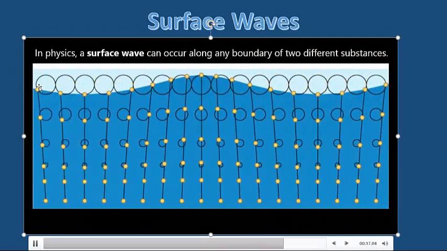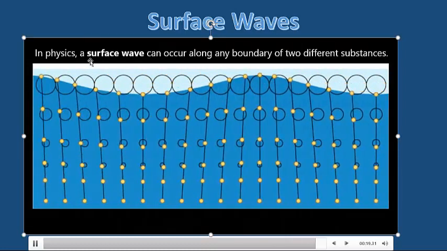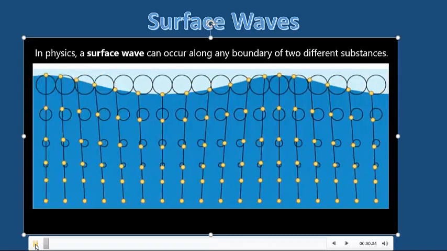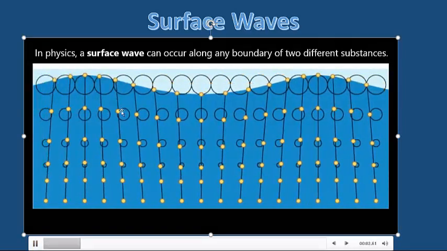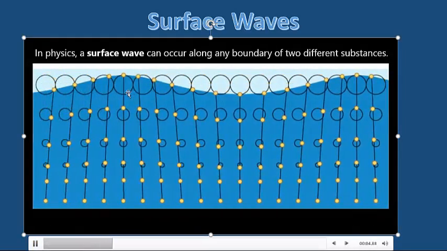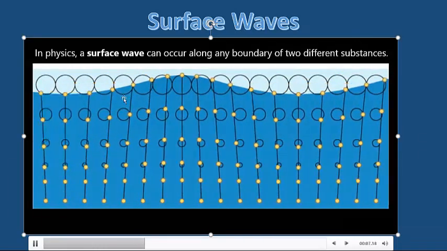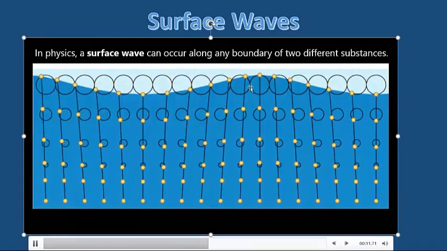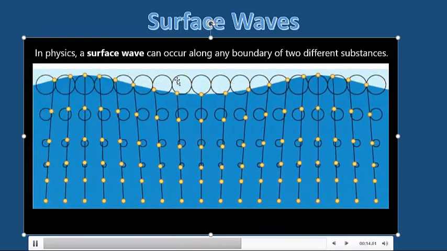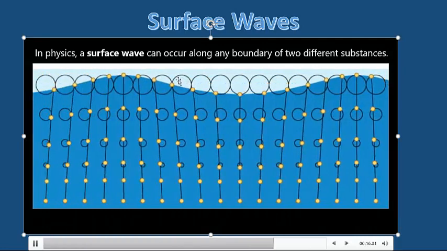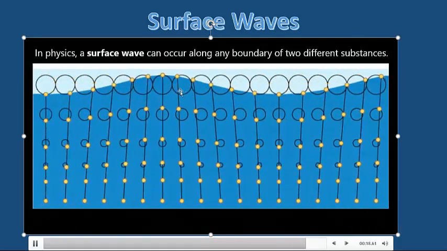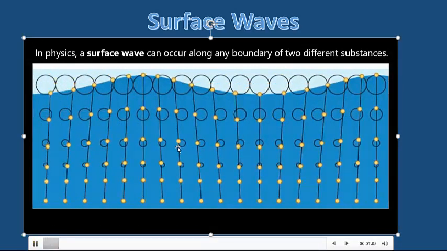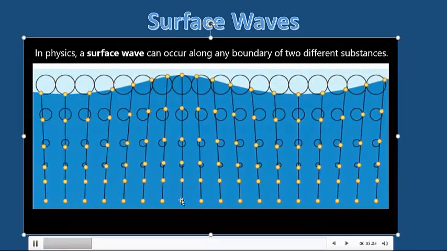What you're seeing is that when the wind blows, and I'm assuming the wind is blowing from left to right in this animation, it causes the water molecules to circulate in circular motion. So you can see here on the surface of the wave, the molecules are circulating in a circular motion, and as you go down further and further, the circles get smaller and smaller.